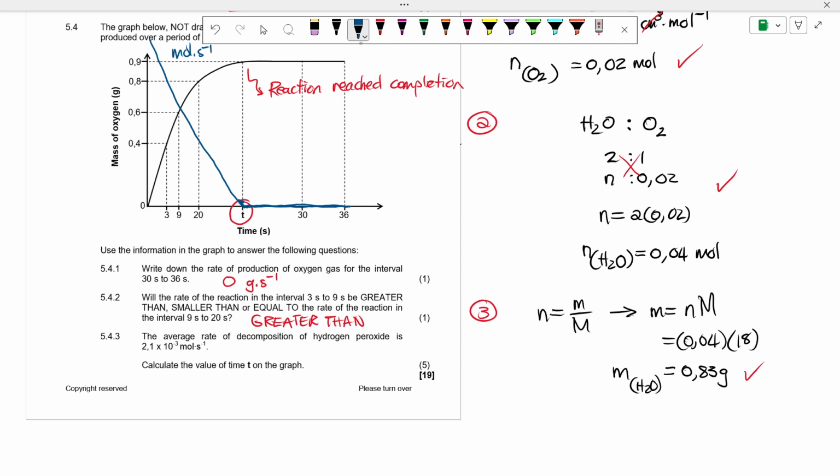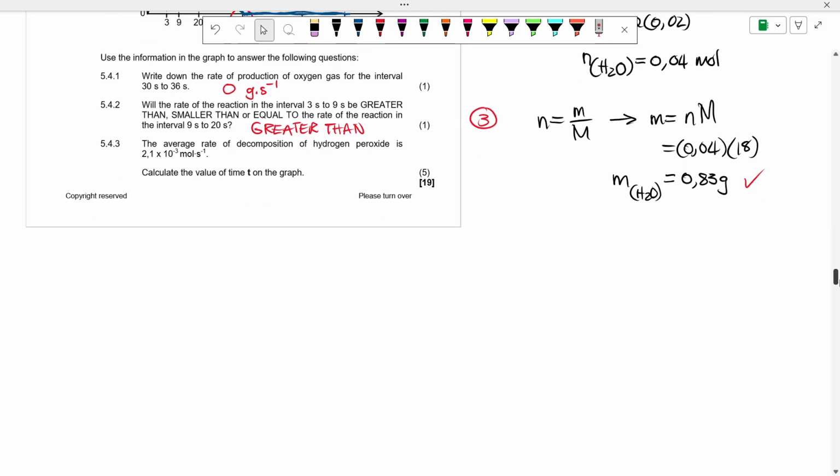But if you look at the oxygen one, we are given in terms of grams. So it will be a very good idea to first solve the number of moles of oxygen that is produced on that red dot where the reaction stops. Okay, so then here's what I'll do. Where decomposition is moles, yes, it's given in terms of moles per second.